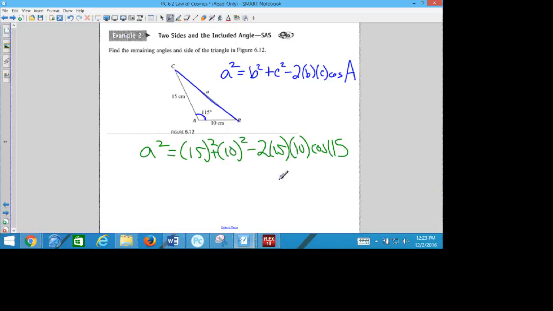Before we even type it in our calculator, let's think about what our next step is going to be. You're going to want to square root. So I might as well make that part of writing down my work right now and do less on my calculator. Just open a square root, type everything underneath it, and hit enter.